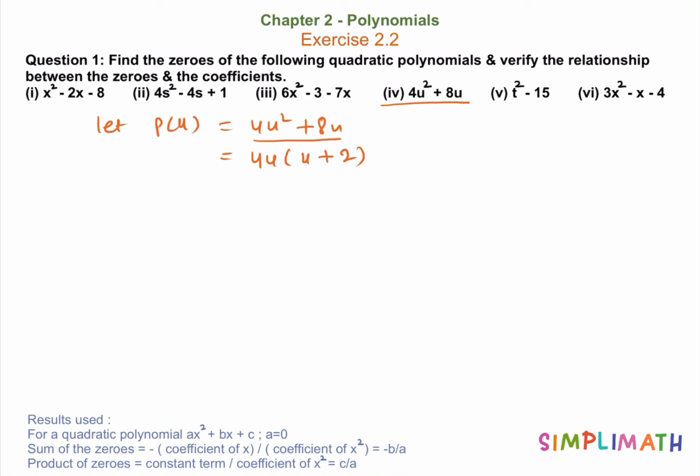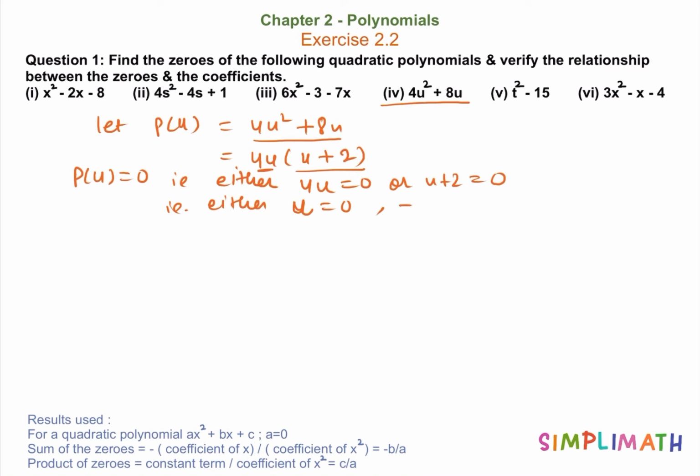So we can find the zeros of the polynomial if we put p(u) equal to 0, that is either 4u equals 0, either this term equal to 0 or this term equal to 0, right? That is either u equal to 0 or u equals minus 2. So 0 and minus 2 are the zeros of the polynomial p(u).